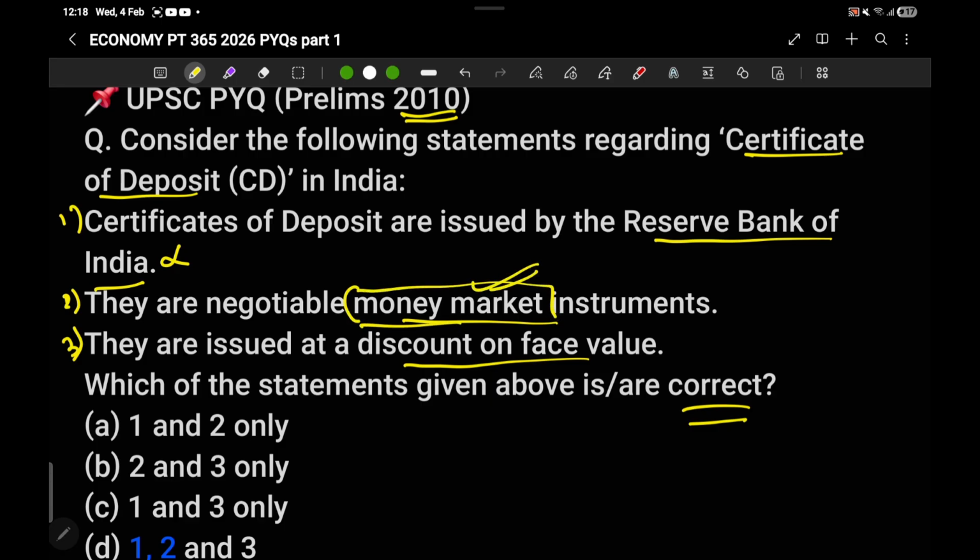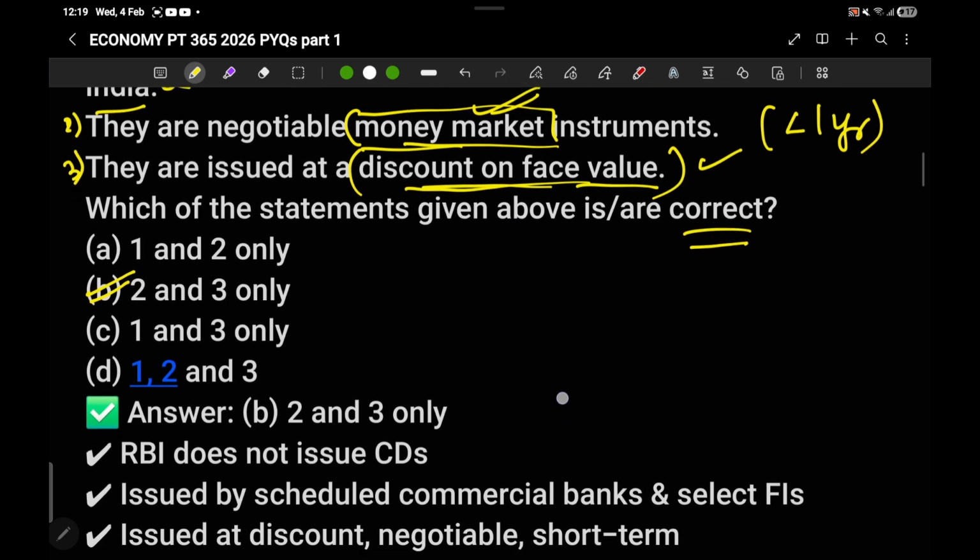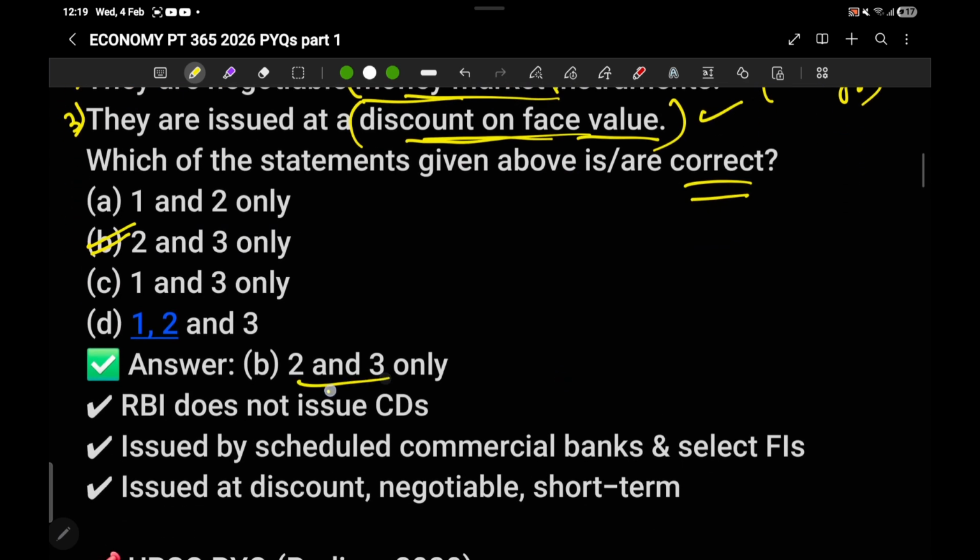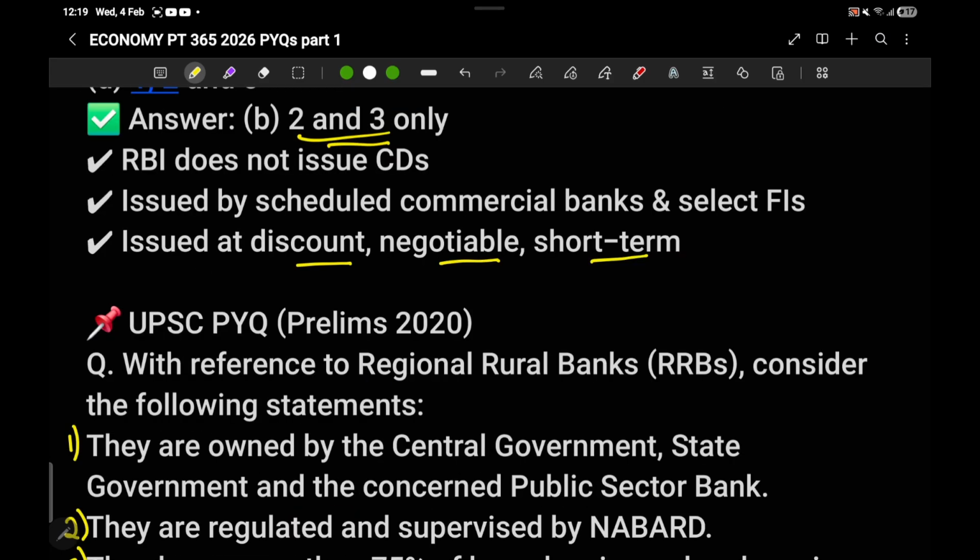These are money market instruments of less than one year of term. They are issued at a discount on face value. Yes, this point also we have seen yesterday. So statements 2 and 3 are correct. We will go with option B and check the answer. Option B, 2 and 3 are correct. These are discounted, negotiable and short term instruments. So we will go to the next question.